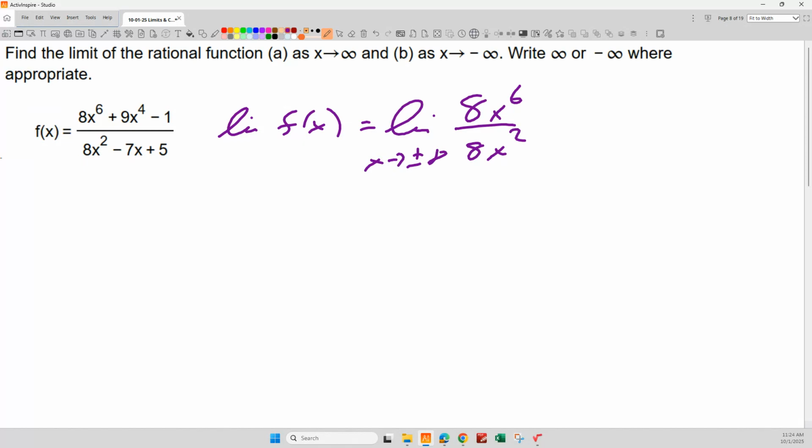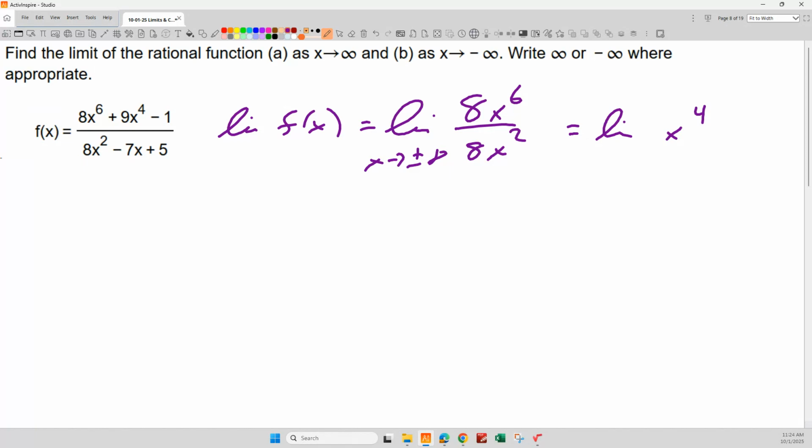And that just reduces to the limit of x to the 4th, right? Okay, and what's the behavior of x to the 4th? It's like that, isn't it?